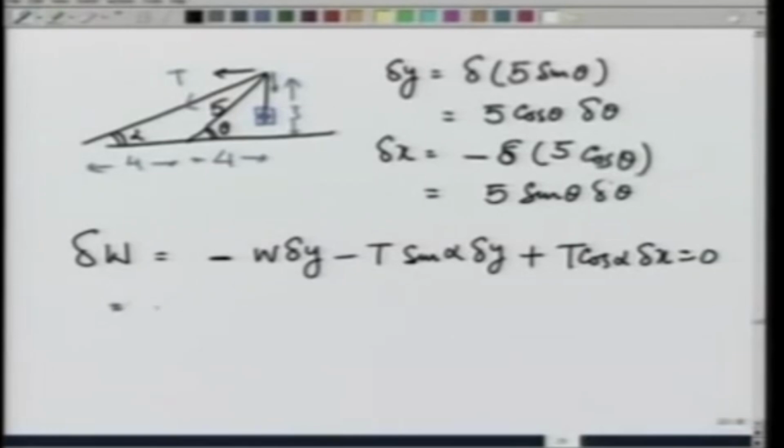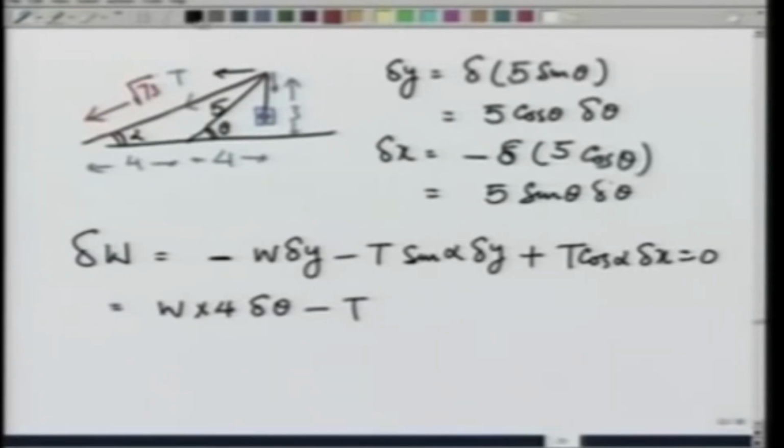This gives me W delta y. We have already calculated 5 cosine theta delta theta; 5 cosine theta from here is 4, times 4 delta theta, minus T sine alpha. Sine alpha is going to be 3 divided by this length, and this length is the square root of 8 squared plus 3 squared, so root 73.